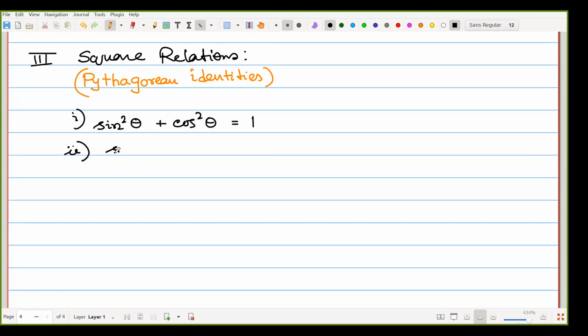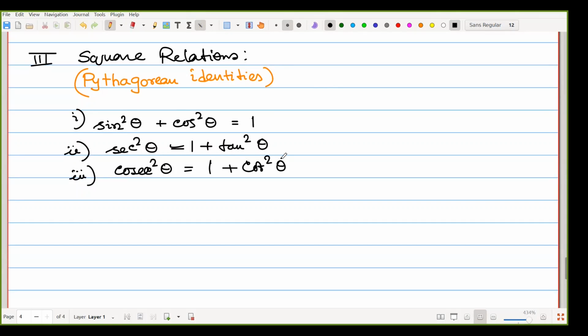Second one, sec square theta is equal to 1 plus tan square theta. And third one, cosec square theta is equal to 1 plus cot square theta.